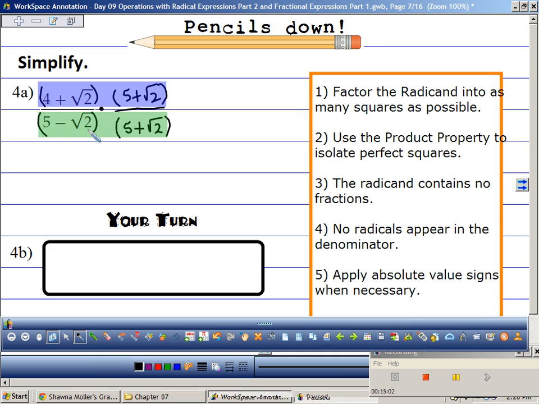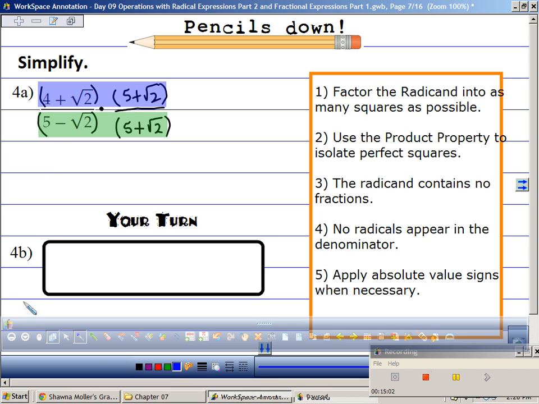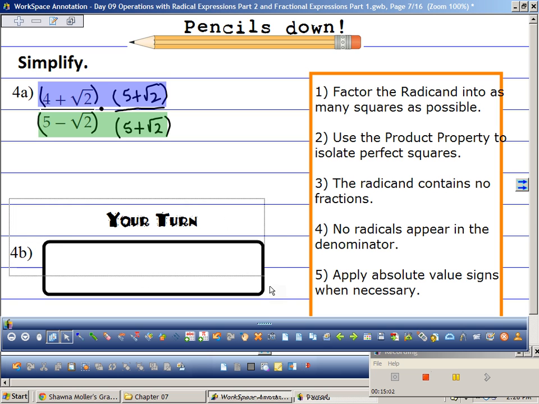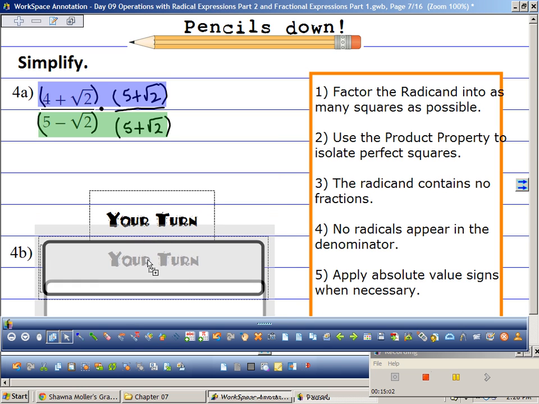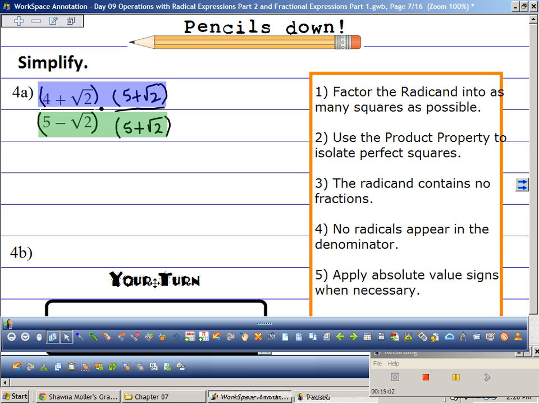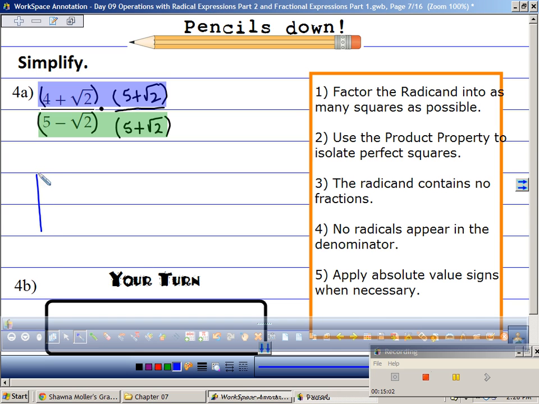Okay, so I think to begin with, I'm going to do the numerator, and I'm going to use a box to do the numerator. I need to move all of this down just one row. Make some room for this. Okay, so I'll do this one in blue. So I have a 4 and a root 2 and a 5 and a root 2.